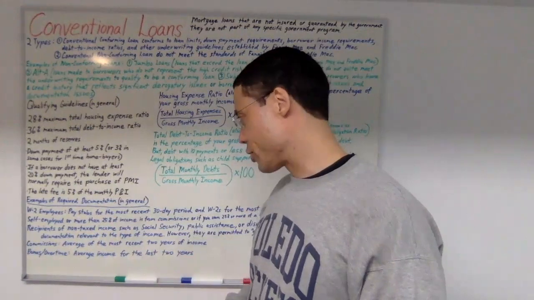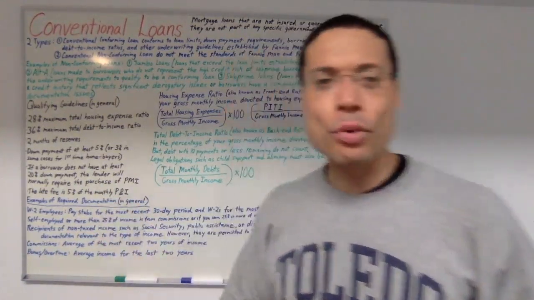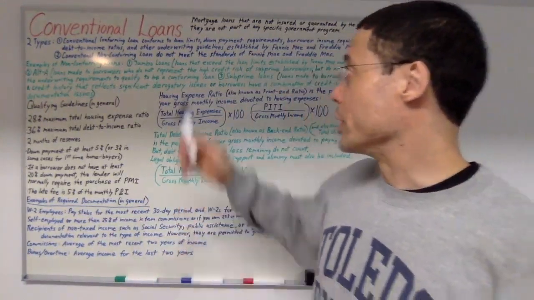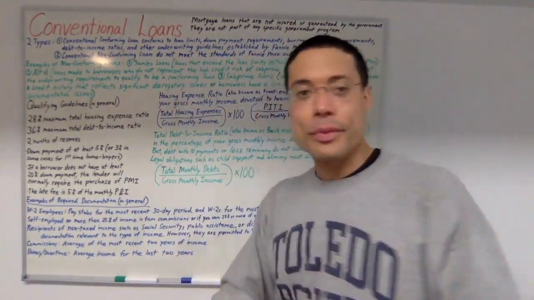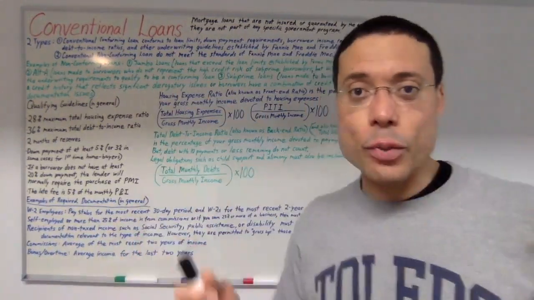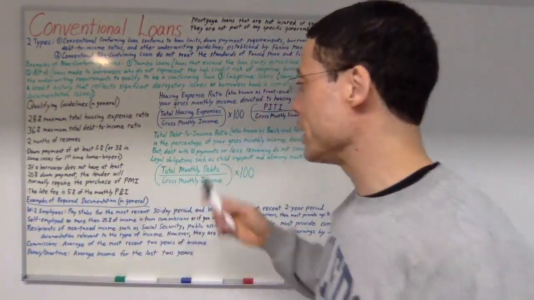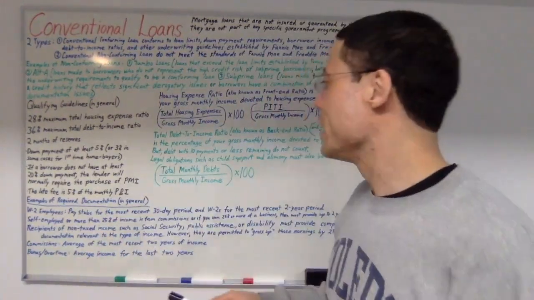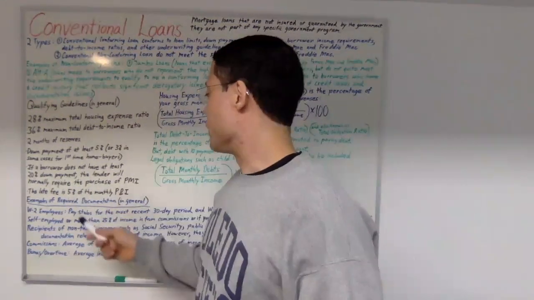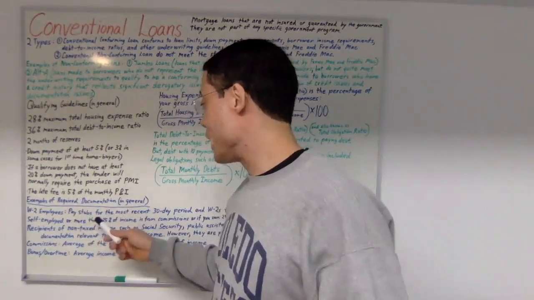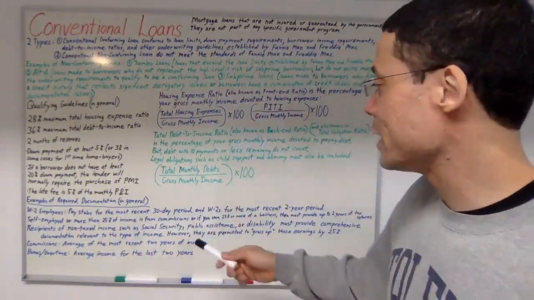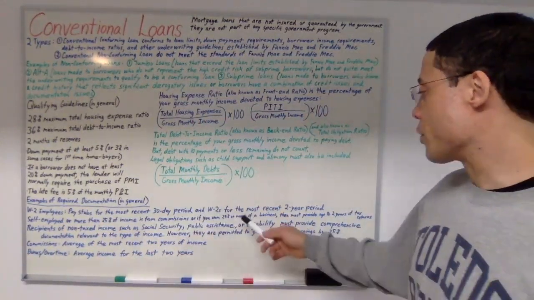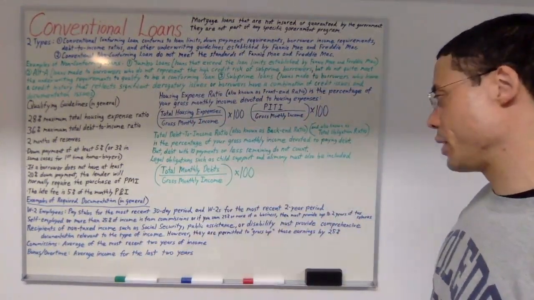Now, what are some examples of required documentation regarding conventional loans? Well, it depends on the situation of the borrower. If the borrower is a W-2 employee, with a regular job, then the lender is going to require pay stubs for the most recent 30-day period and W-2s for the most recent 2-year period.